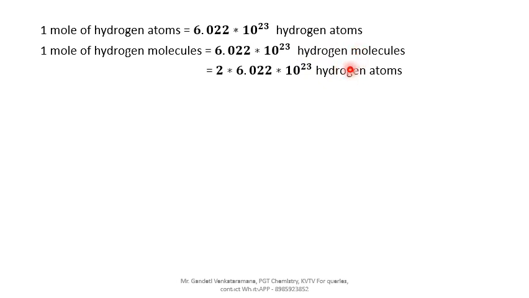Hydrogen molecule we know is H2. What is the atomicity of the hydrogen molecule? 2. The hydrogen molecule is a combination of 2 hydrogen atoms. So multiply this entire number by 2, then hydrogen molecules become hydrogen atoms.